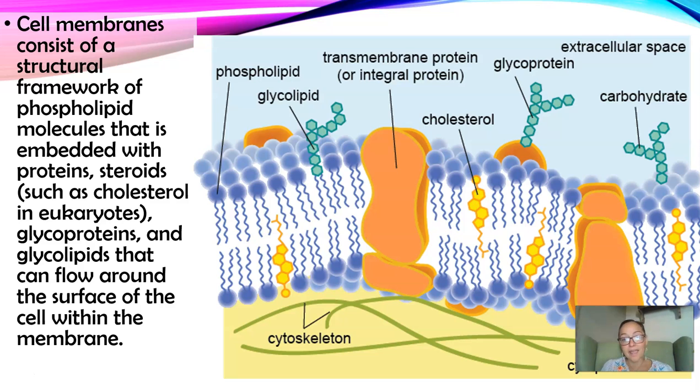The prefix glyco stands for carbohydrate, like glycogen or glycolysis. So you have a glycolipid, where the carbohydrate chain is attached to the fatty acids, and that's what anchors it into the membrane. Or you could have a glycoprotein, which is a strand of carbohydrates attached to a transmembrane protein. These carbohydrate chains are often used for cell identification or cell communication within organisms.